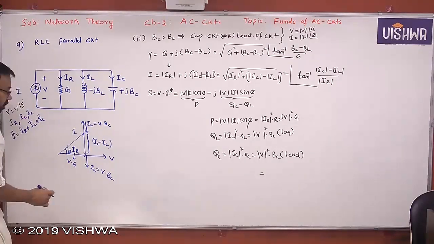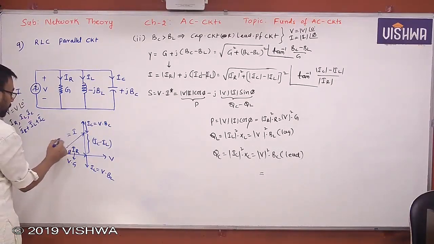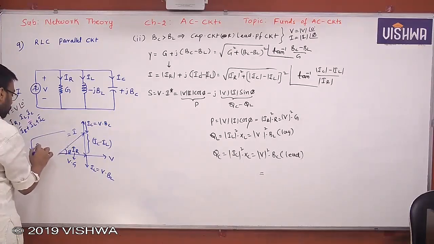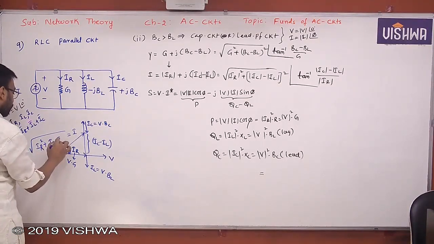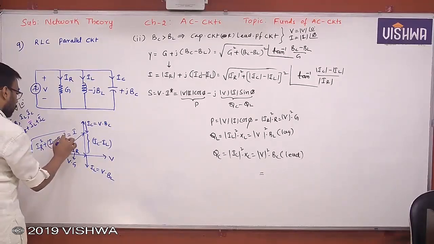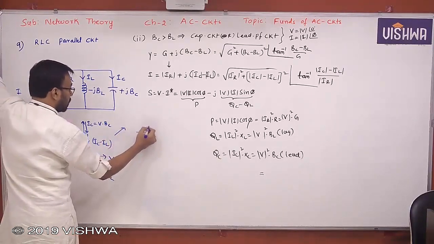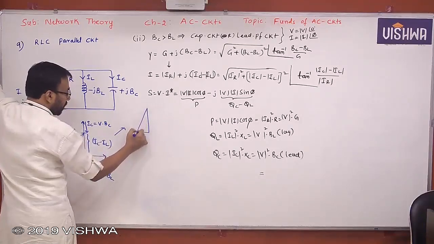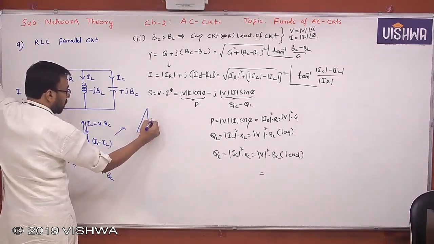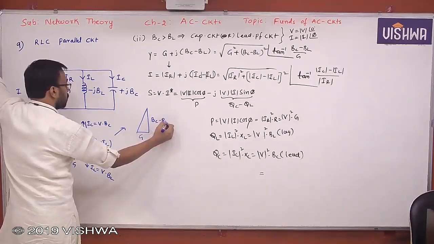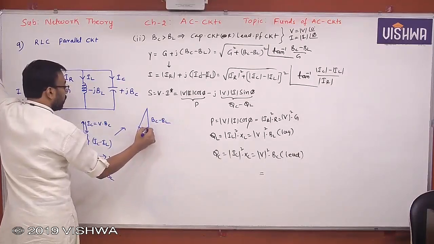V into G. Okay, so very clear that root of IR square plus (IC minus IL) whole square. Divide again each phasor. Definitely the admittance for a capacitive circuit will be in the first quadrant. Angle theta is nothing but phi.